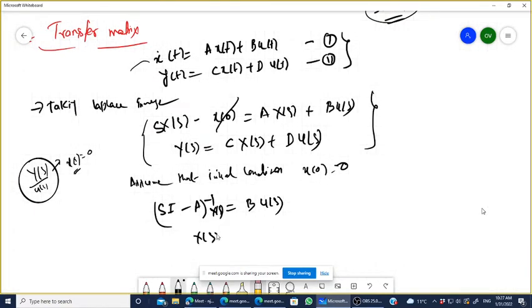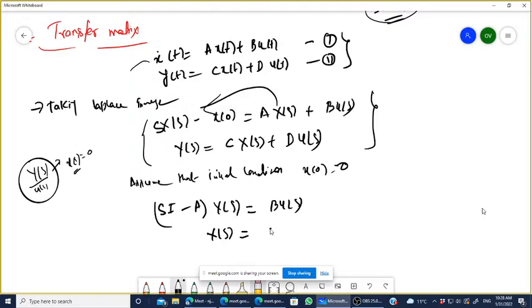So this side, sI minus A, of X(s), is equal to B of U(s). So now X(s) becomes (sI minus A) inverse BU(s). So this is X(s).